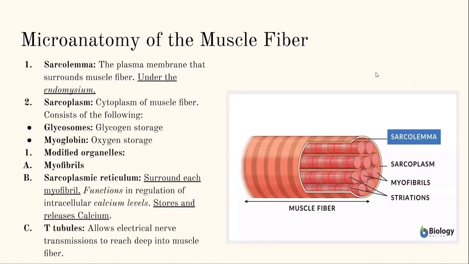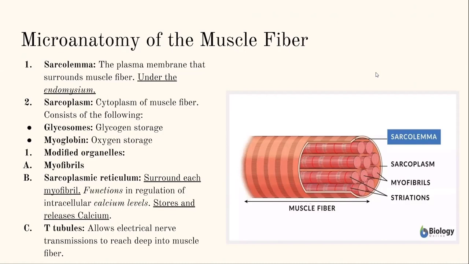And it's going to consist of glycosomes and myoglobin. Glycosomes store glycogen, and myoglobin stores oxygen. So I'm pretty sure that most likely will be on the test.